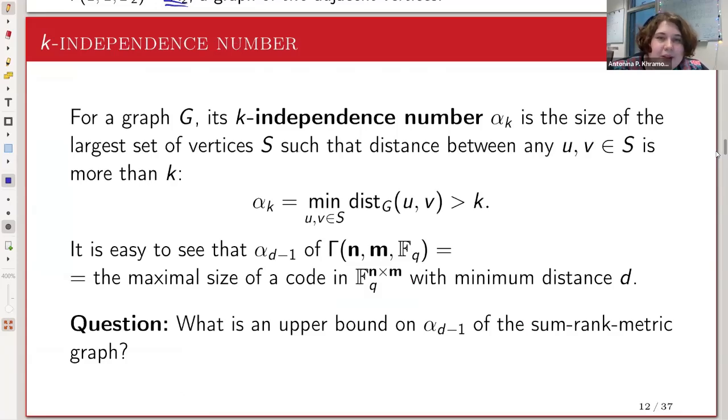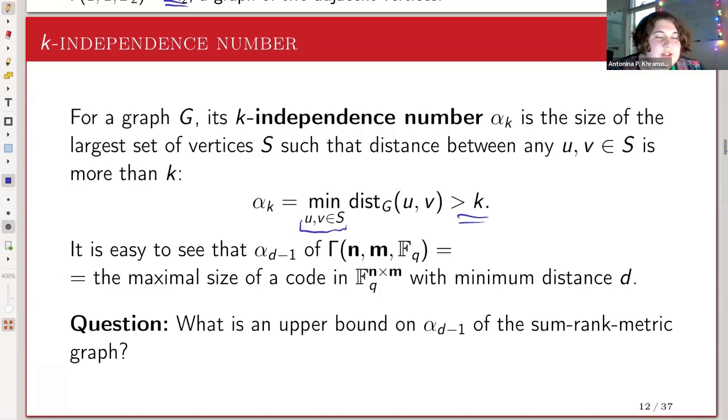And what we need to define the bound is to introduce the k-independence number. The k-independence number is a generalization of the usual traditional independence number. It is the maximum number of vertices in a set S such that the distance between any two vertices in S is more than k.